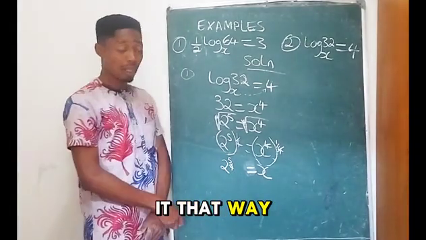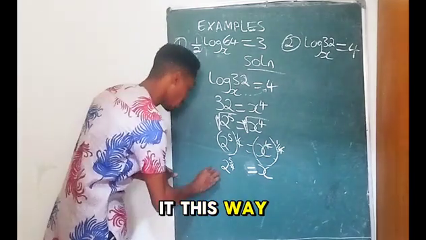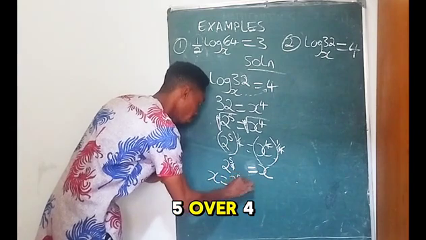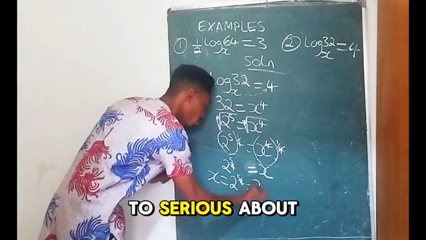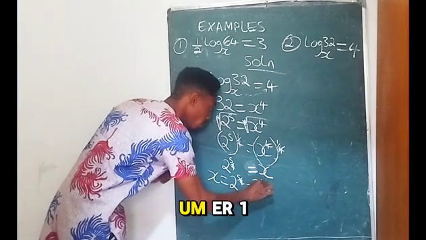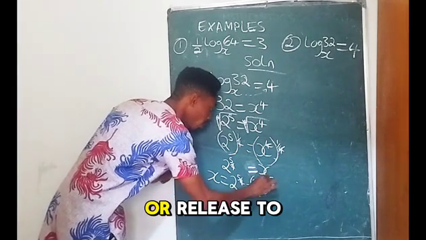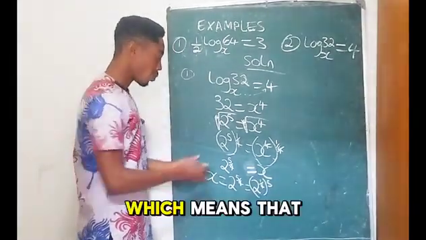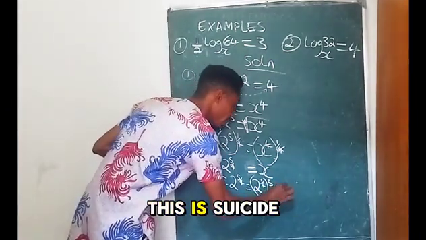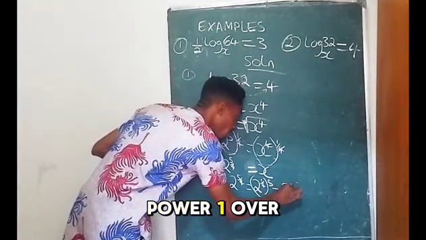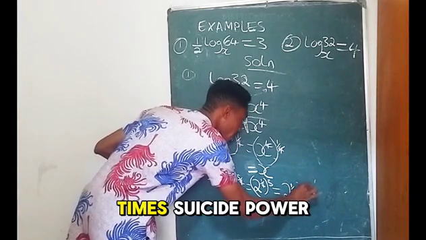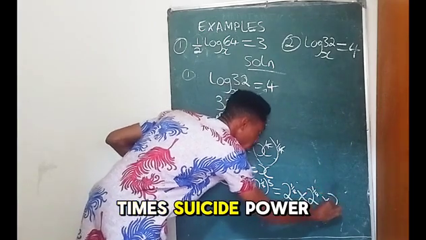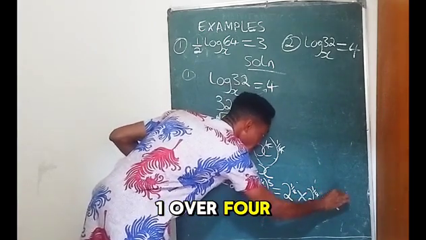You can leave it that way, or you express it this way. x equals 2 raised to power 5 over 4, which equals 2 raised to power 1 over 4, or raised to the power of 5. Alright? Which means that this is 2 raised to power 1 over 4 times 2 raised to power 1 over 4 times 2 raised to power 1 over 4.